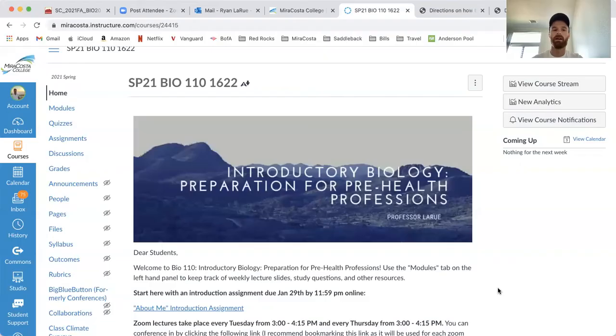The other only subtle difference here is submitting the lab packet. For Saddleback, the other college, there were links in modules for each week, but for you guys, you're just going to go to assignments. Kind of ignore the stuff here because I have to edit it, but generally it's going to look like this.